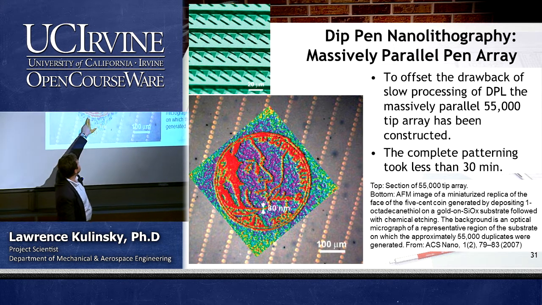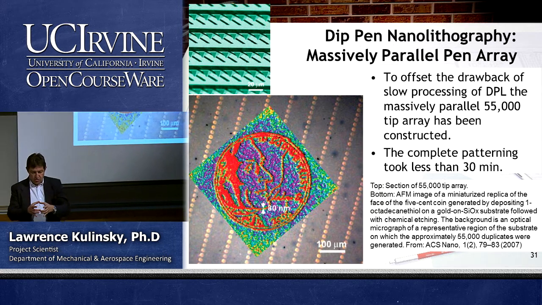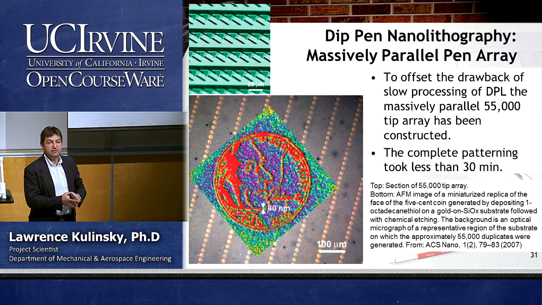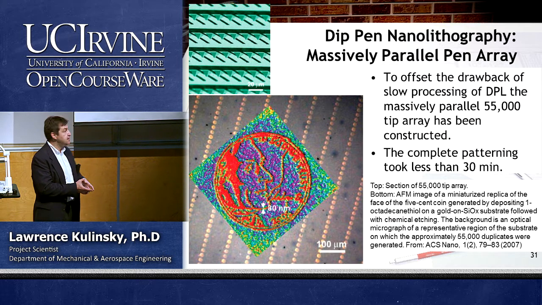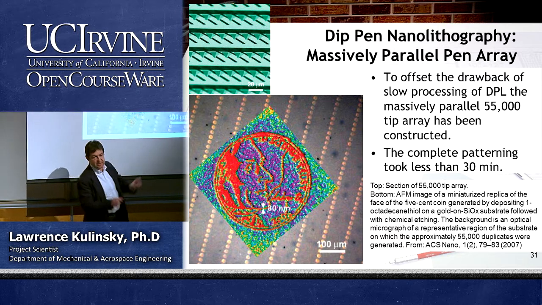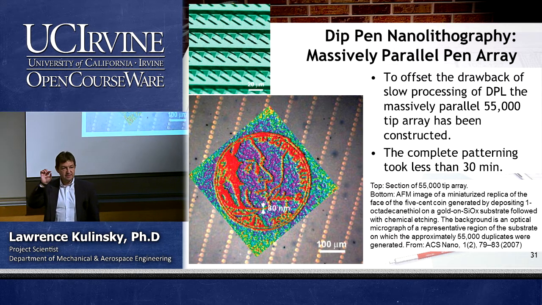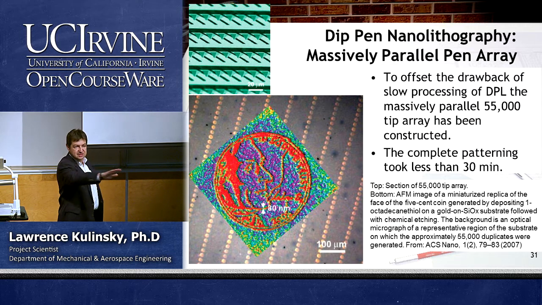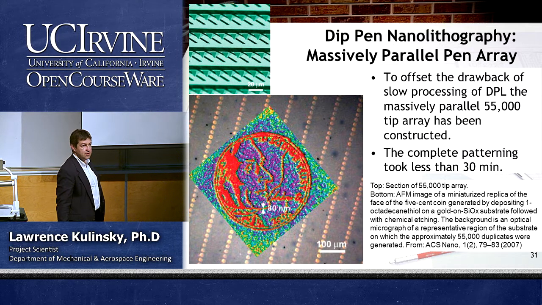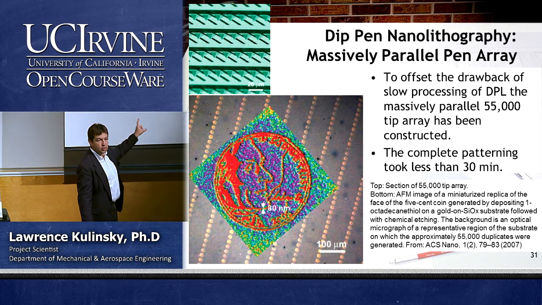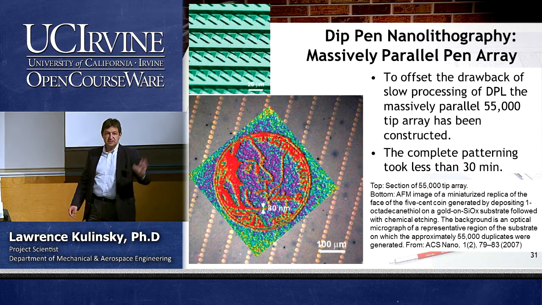You can actually see the picture of the head of Thomas Jefferson from the US nickel, right? And the features on Thomas Jefferson's head are 80 nanometers. Okay? It's pretty impressive, huh? So 55,000 copies at the same time. It took only 30 minutes to draw it. So I think this is very promising.